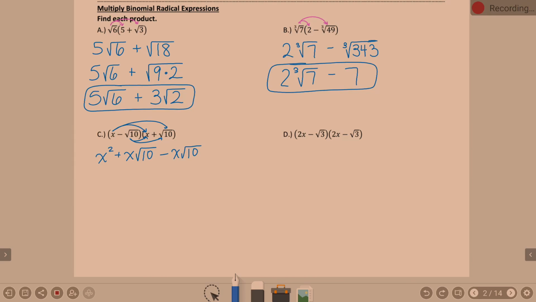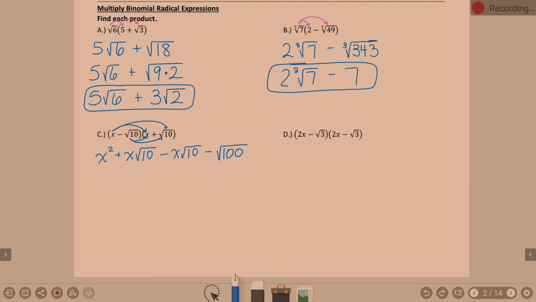What is a negative times a positive? Negative. Now, easiest thing to do here is just square root of 10 times square root of 10. When we multiply two square roots, it just multiplies what's underneath them, right? What is 10 times 10? 100. So we can say that this is the square root of 100.